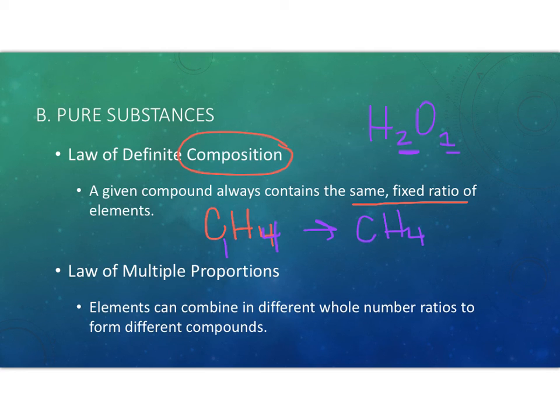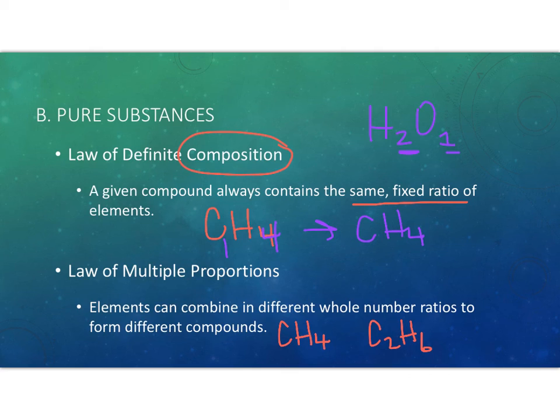Law number 2, the law of multiple proportions. Elements can combine in different whole number ratios to form different compounds. So if we continue using methane as our example, methane was CH4, 1 carbon for every 4 hydrogen. There's also a substance, C2H6, called ethene.